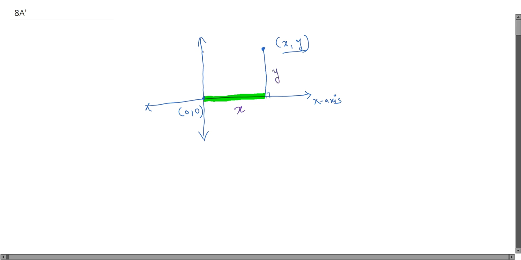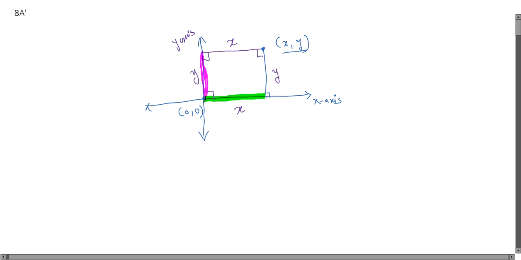Now, if you draw a perpendicular on the y-axis, then this height is y and this length is your x. This will form a rectangle because this is perpendicular, this is perpendicular, and this is perpendicular, so this and this will be x and this will be y.